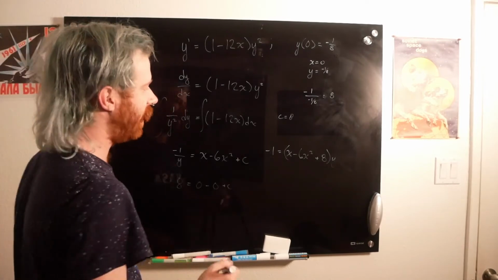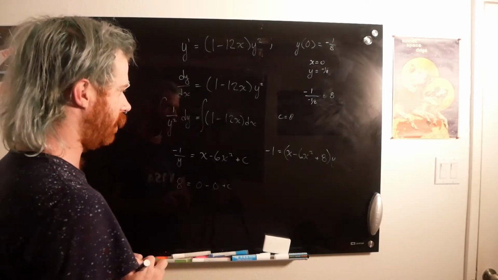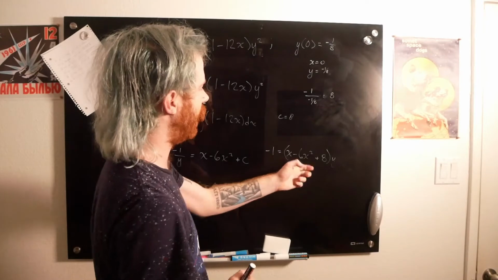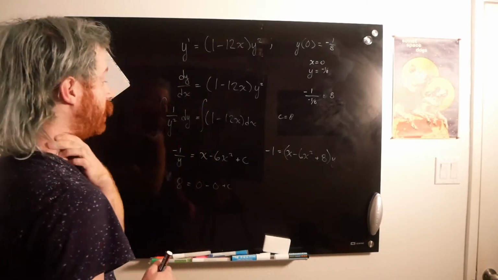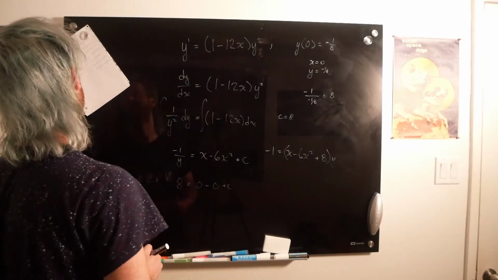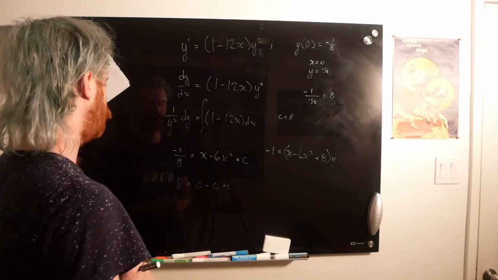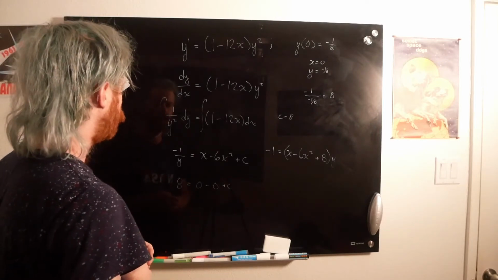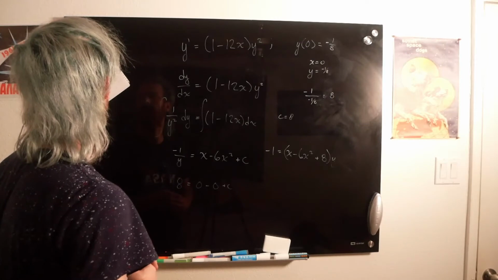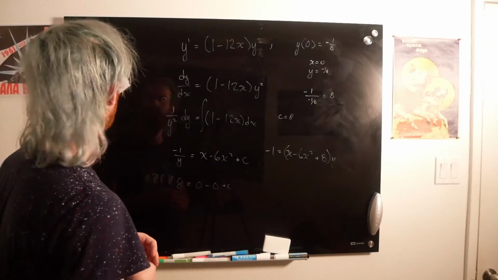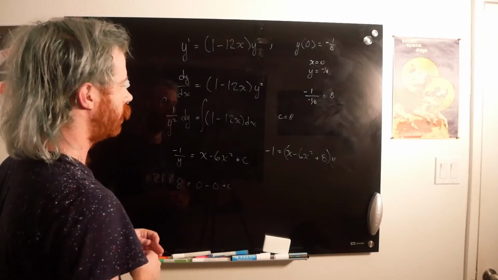And then we're going to divide everything by x minus 6x squared plus 8, which will give us y.